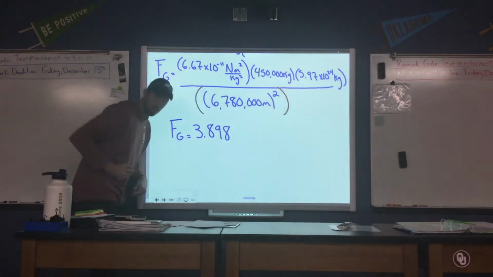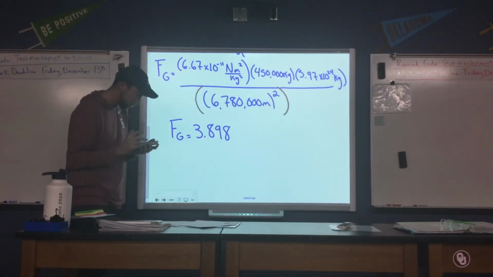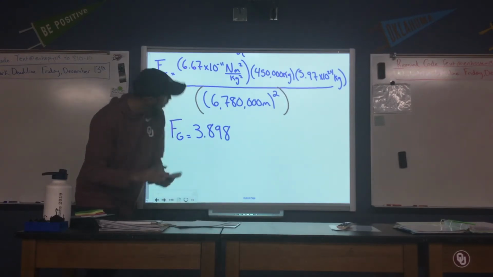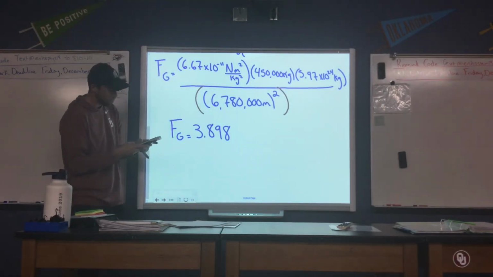The values that we should come up with look about like this: 3.898. Let me just double check here. And let me put this in one more time just to make sure we're getting the values that we need.